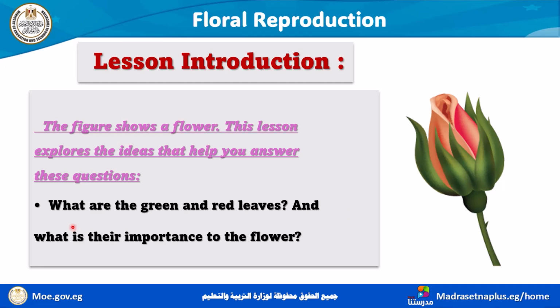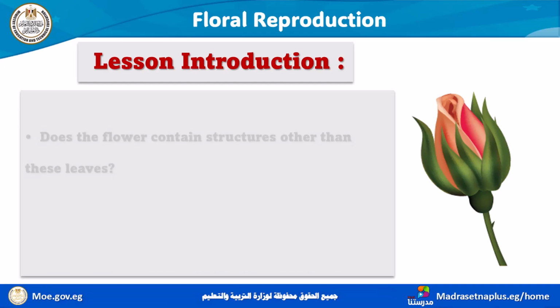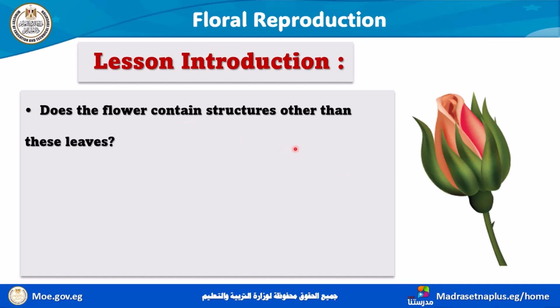The first question: what are the green and the red leaves, and what is their importance to the flower? Does the flower contain structures other than these leaves? Is there any other structure inside the flower?